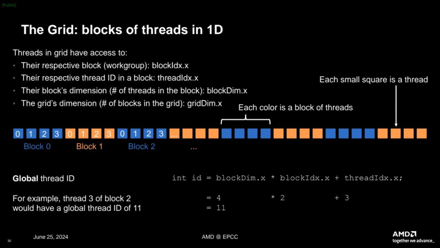The useful thing, and this is going to be important for your performance, is that you can actually query information from this grid. So for instance, the .x just means that you are interested in the, let's call it, X direction of your grid.